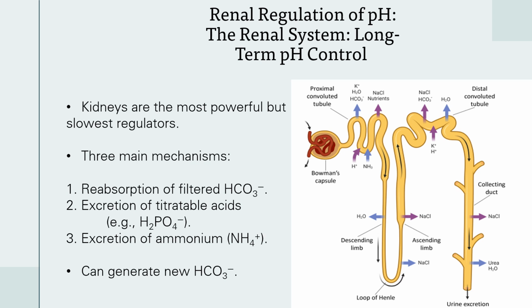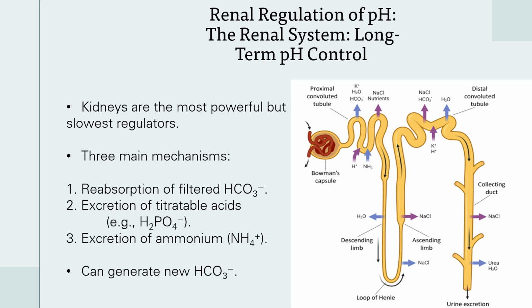Iron is reabsorbed, and then whatever is left will go down through the loop of Henle, and then make its way to the distal convoluted tubule, and even there will be some reabsorption of what is left of the bicarbonate. So almost 99% of the bicarbonate is reabsorbed. And sometimes the hydrogen ion is also absorbed depending on what is needed to compensate.